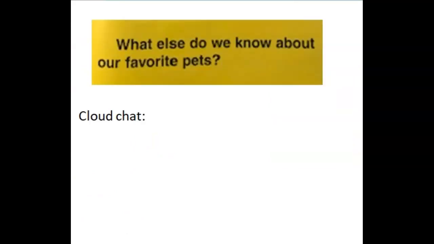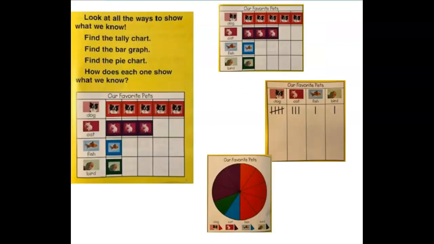What else do we know about our favorite pets? So now go back and look at the various sources of data that we collected, different depictions of the same data, and discuss with your chat partner at home what the results are.